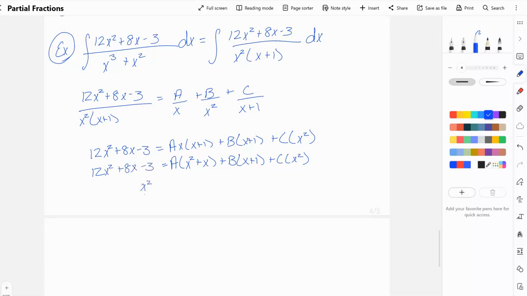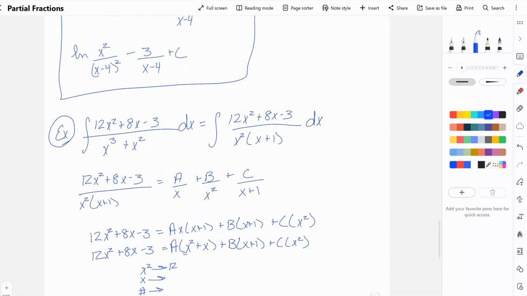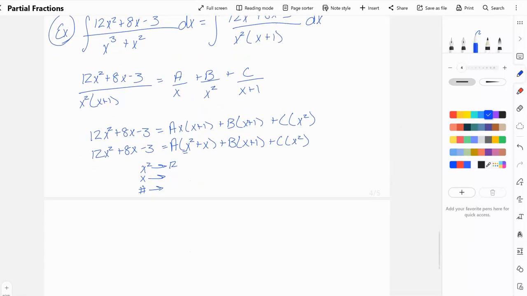So I have x squareds, x's, and numbers. On the left, x squared is 12. On the right, that's got to be equal to a plus c. On the left, I have an 8 in front of the x.